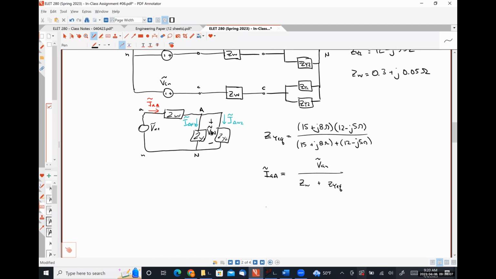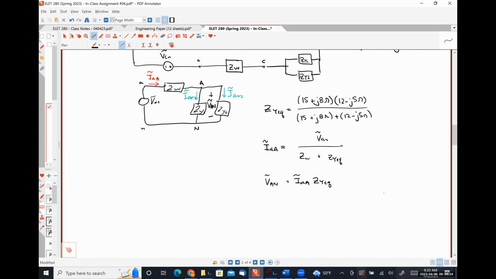Then he is suggesting that the voltage VAN is equal to our line current IAA times the impedance ZYEQ.